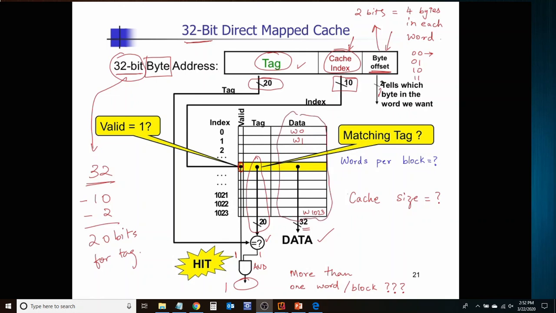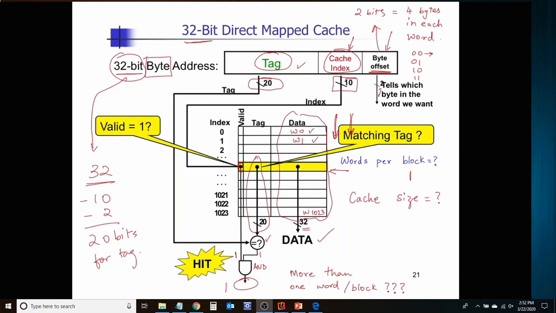There are no multiple columns here, here, and so on. Which means that in this case, I have 1 word per block. If you had more columns, that would mean that you have more words per block. Block is essentially a horizontal orientation, and words are going vertically down.